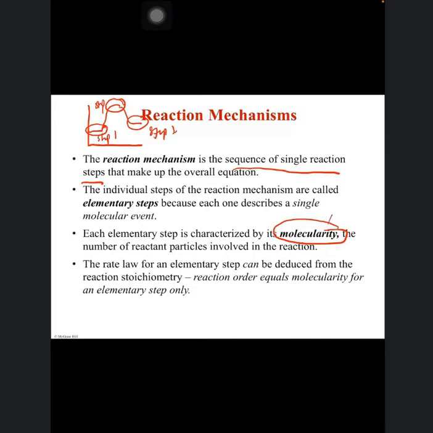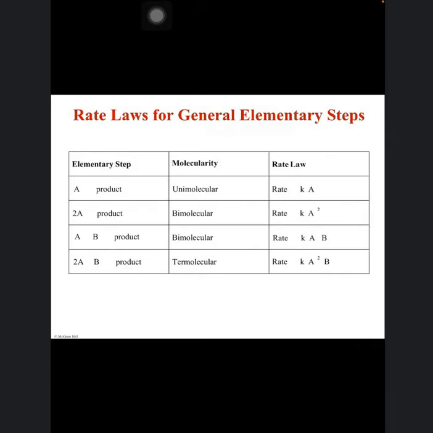Okay, contohnya, kita tengok kat table ni. Table ni to describe what is molecularity. Kita tengok dulu kalau kita ada elementary step yang involve A producing product. Okay, so katalah this is our elementary step. Kalau kita tengok dekat reactant tu ada berapa A? Satu saja kan?